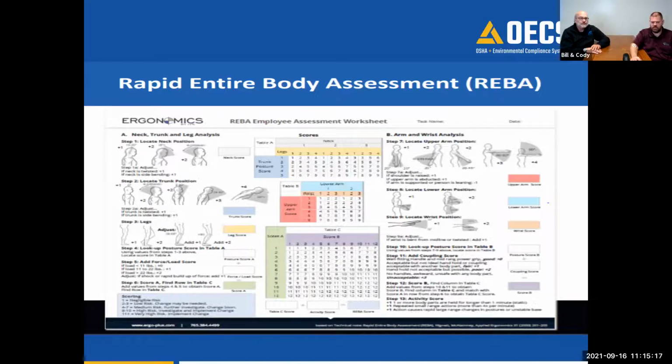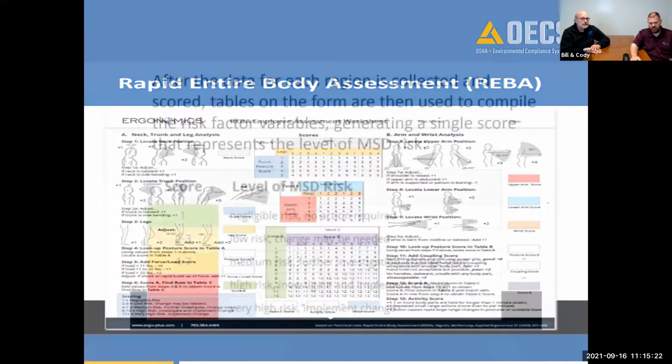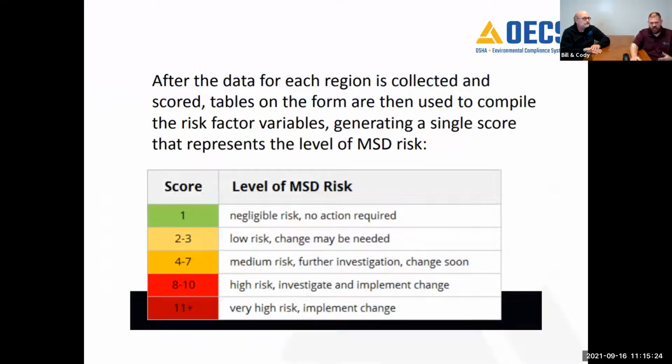Sounds good. So you work through all this, and then you come up with a numbering system, like Bill had said, in the center of that. After you collect that data, you compile a single score out of all those different factors, side A and side B, and you come up with a level of musculoskeletal disorder risk, the MSD risk.